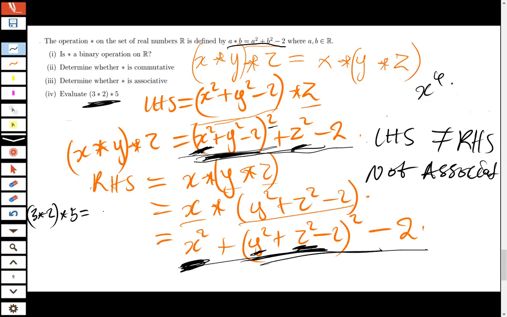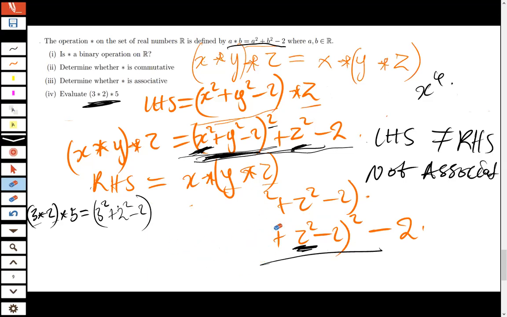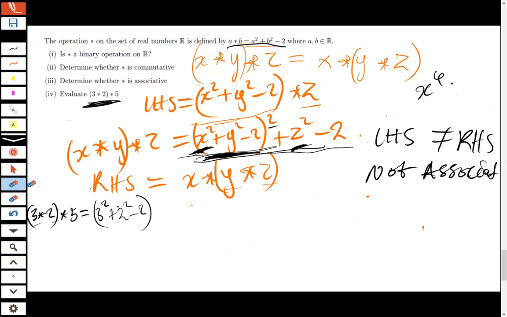So I'll have first 3 squared, because my a is 3 and my b is 2, 3 squared plus 2 squared minus 2. Then everything in brackets, then star 5.